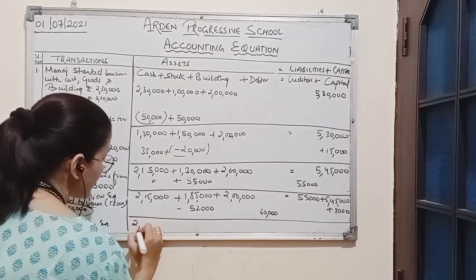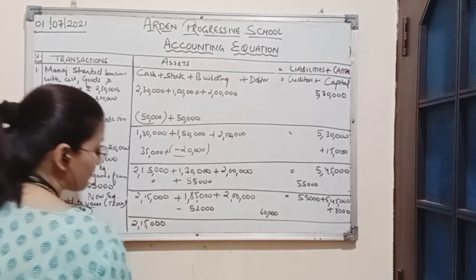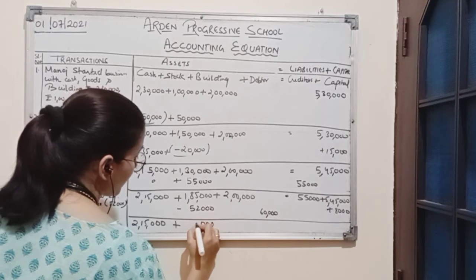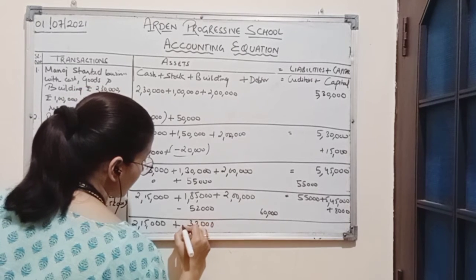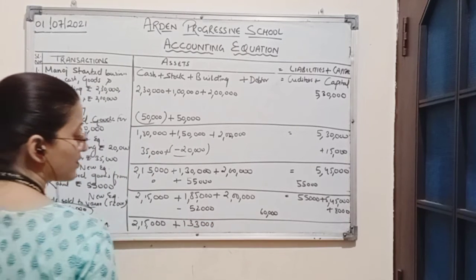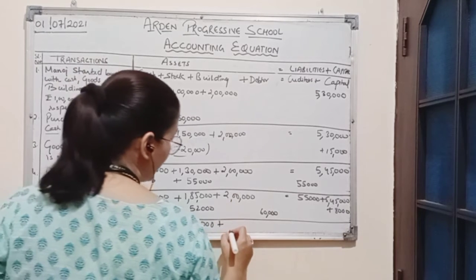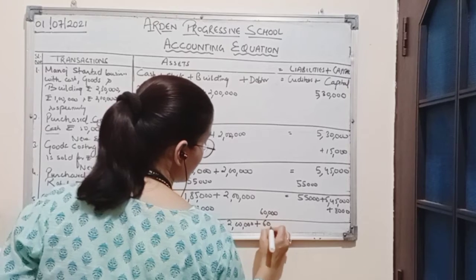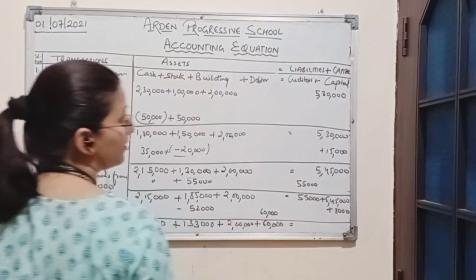where cash remains the same, 2,15,000. Goods amounting to rupees 1,33,000. Building 2 lakh rupees. Debtors 60,000.